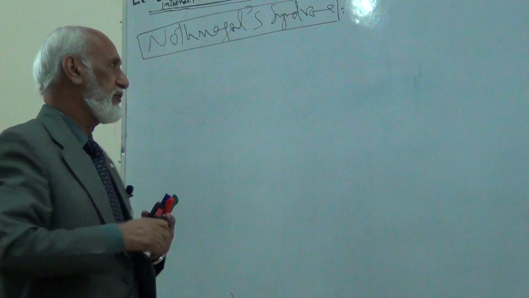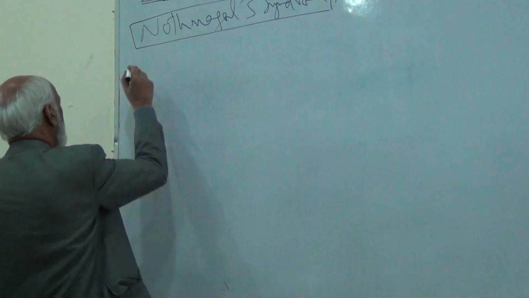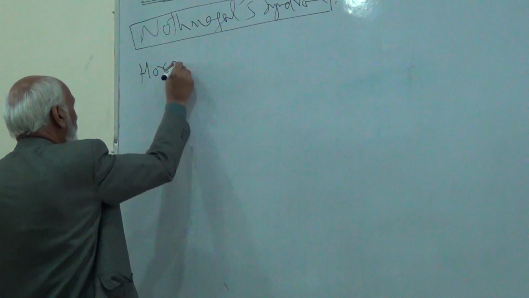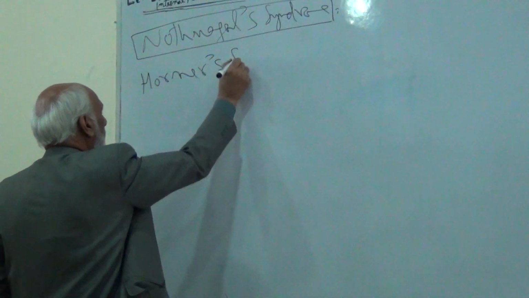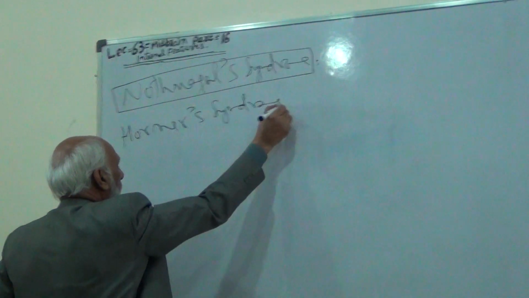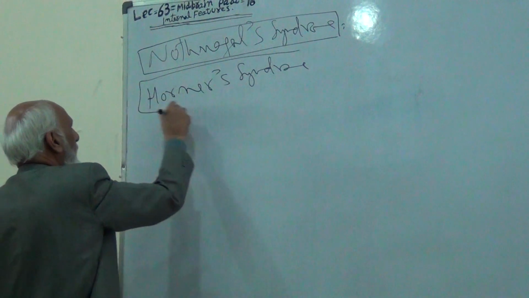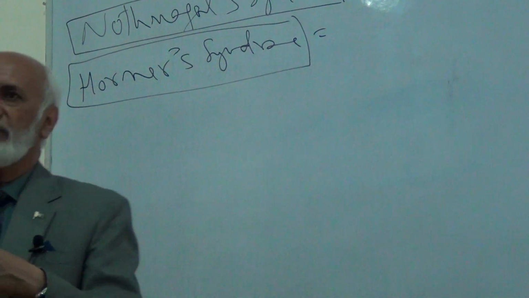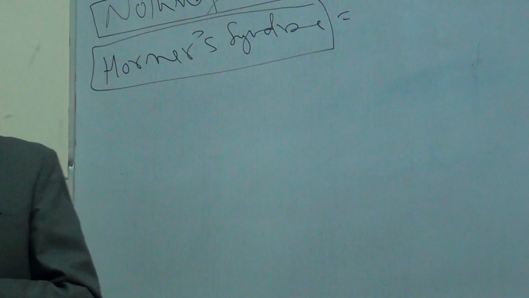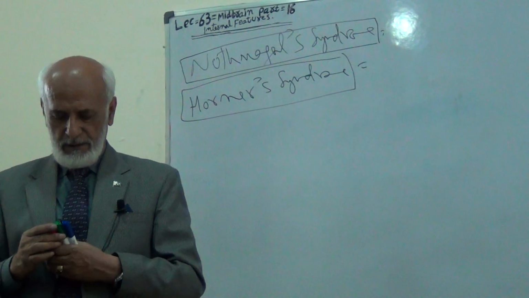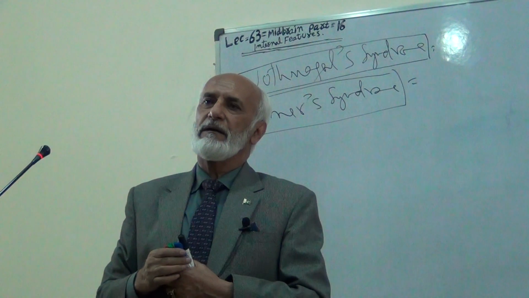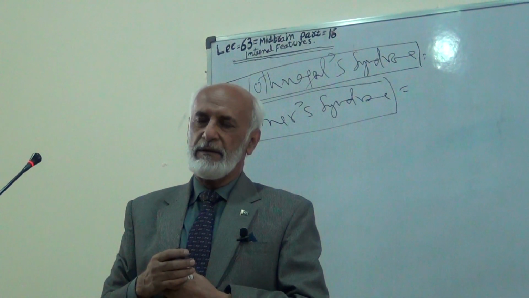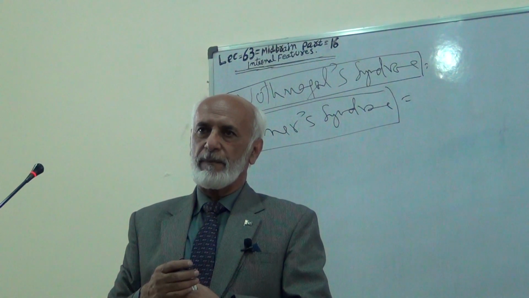Next, Horner's syndrome. Now there is a descending autonomic or sympathetic pathway.